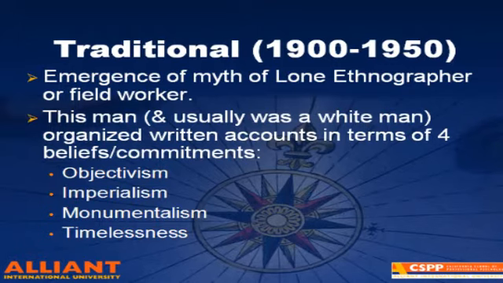And then timelessness is that whatever you studied, this culture, like this tribe, and what you wrote down, that was it. And that didn't change. So whatever you studied did not change. And there was nothing fluid about it. And that was the truth about this culture that you were studying.